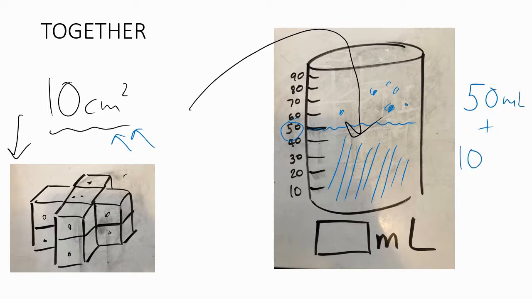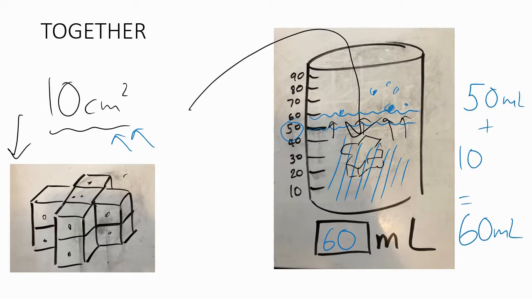So the new water level is going to be 60 millilitres, because it's going to go up exactly 10, isn't it? Because that shape is going to be in there, and it's going to take up the space of the water, and taking up the space of the water is going to make the whole thing rise up another 10 millilitres.